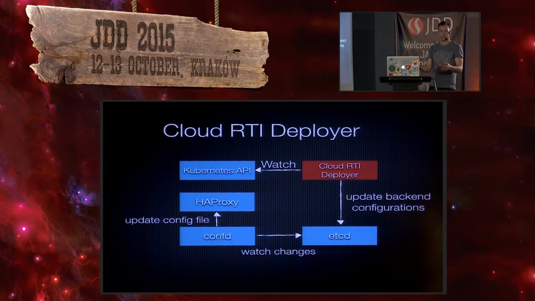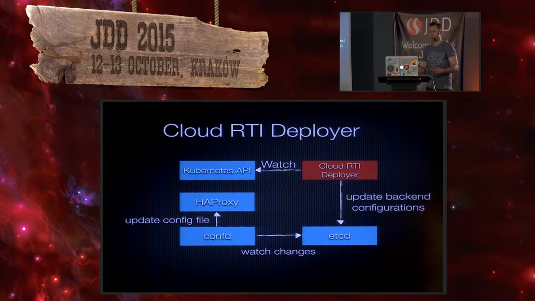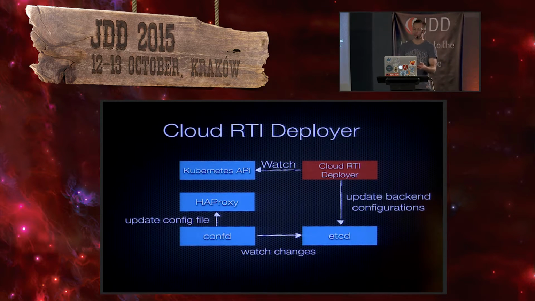So every time something changes in the Kubernetes cluster, the deployer component is notified about that. This tool will then go to etcd and set up some new configuration for HAProxy. So it will configure new backends for HAProxy to use.